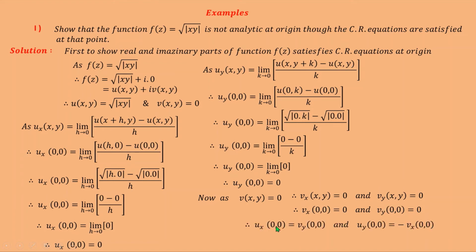And so we get u_x at (0,0) is equal to v_y at (0,0), and u_y at (0,0) is equal to minus v_x at (0,0). Therefore u and v satisfy the CR equations at the origin. So the real and imaginary parts of the given function f(z) satisfy the CR equations at the origin. Now we have to show f(z) is not analytic at that point, the origin.